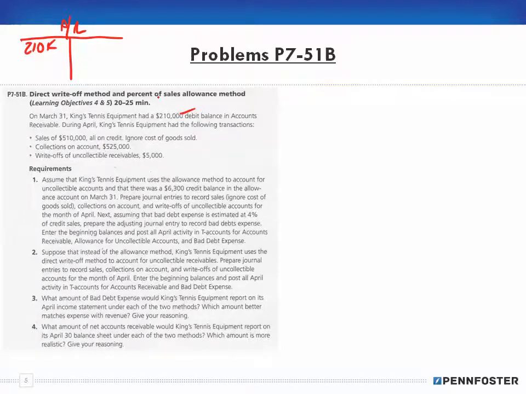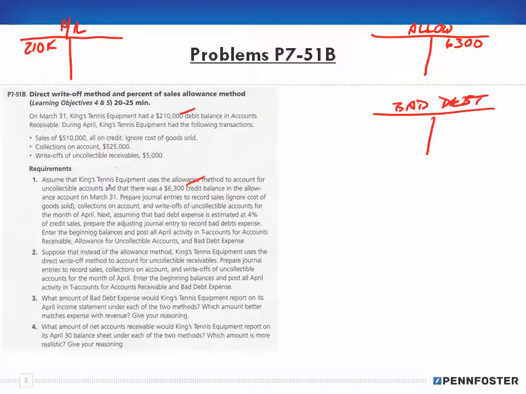Then let me draw an allowance for doubtful accounts or uncollectible accounts. It says here there was a $6,300 credit balance, so there's $6,300 in the allowance account. And then let me draw a bad debt expense account, because we're going to need that.